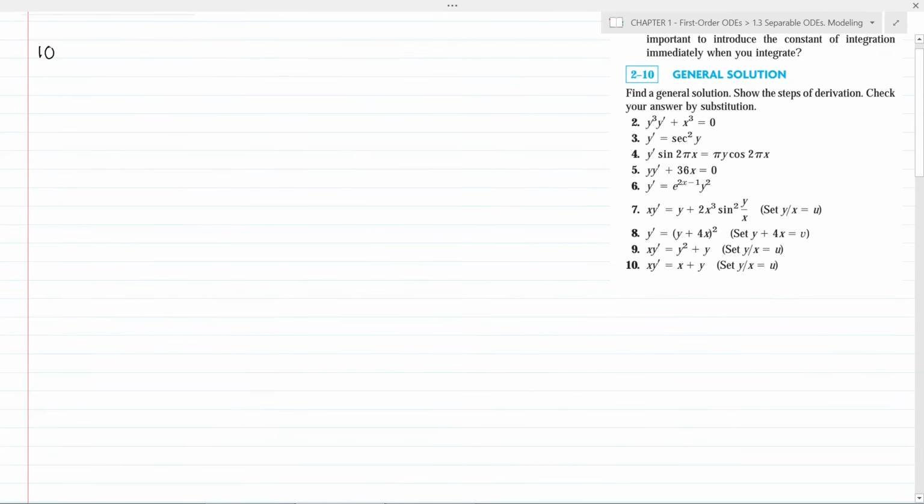Question 10. The differential equation given is x y dash is equal to x plus y, which implies y dash is equal to 1 plus y by x.